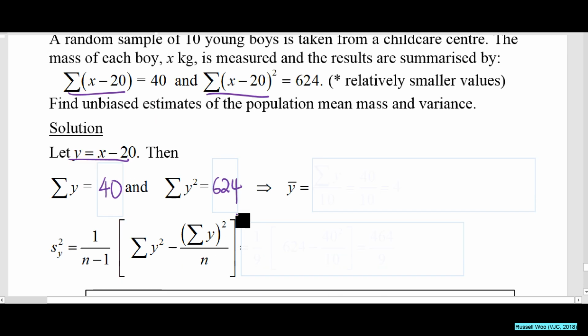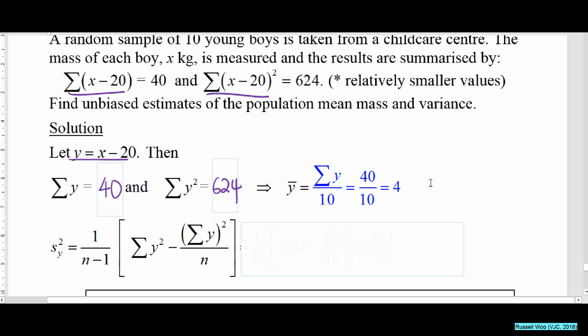Now given summation y and summation y squared, I don't think it's difficult to find what is y bar. Take this, divide by 10, because n equals 10. Correct? Because n equals 10. All right? There you get 4. This is the mean of y.